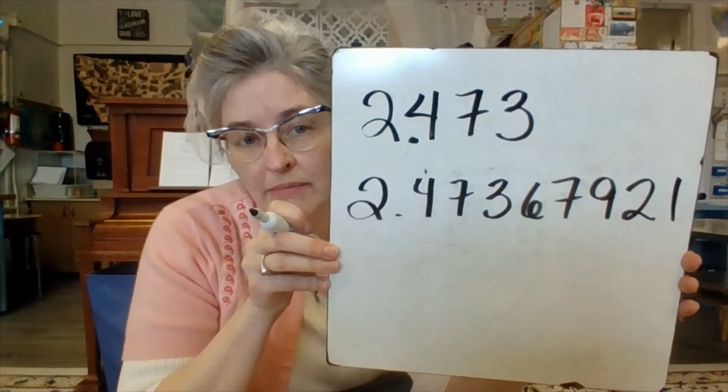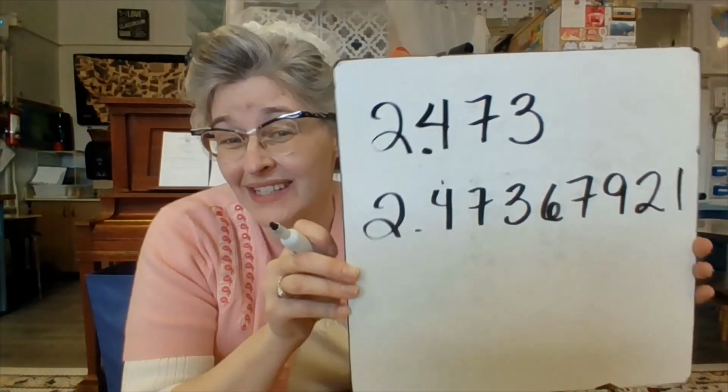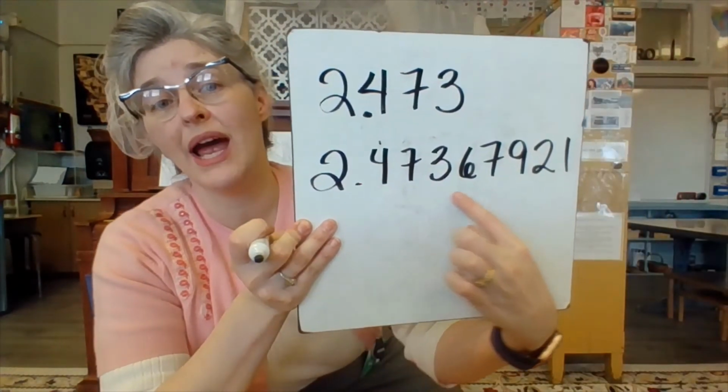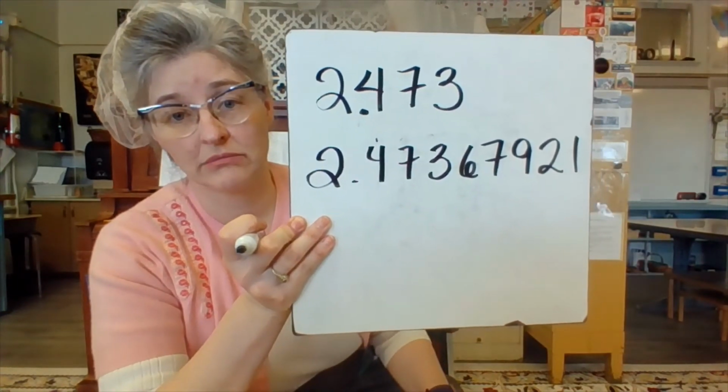So for example, I'm going to round a couple of these. If I have these two numbers, I can see that one of them goes way far out.